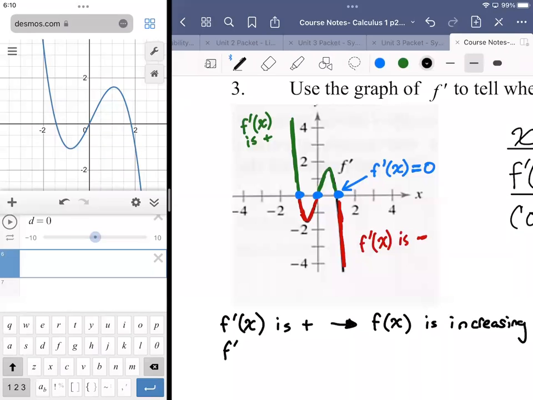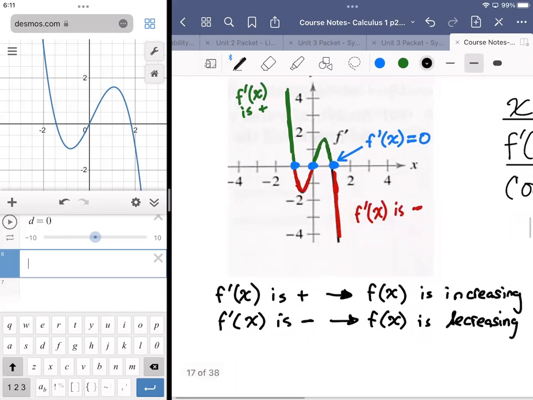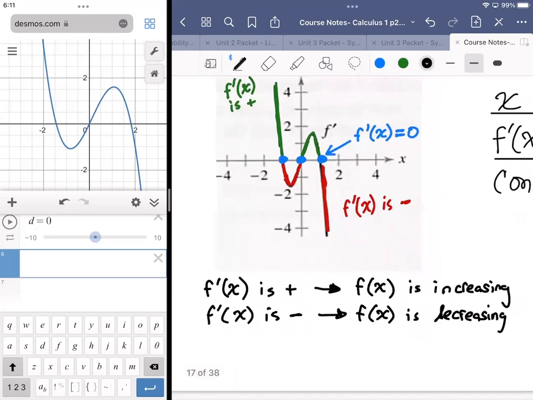Anywhere the derivative is negative has the original function decreasing. And anywhere the derivative is equal to 0, that could be a turning point, but it's definitely a critical value.